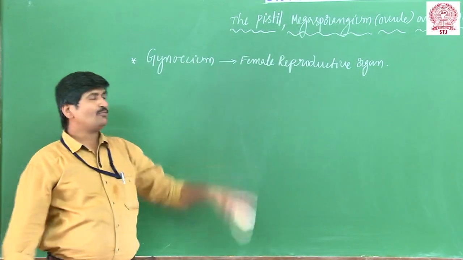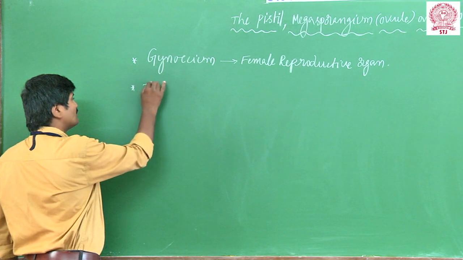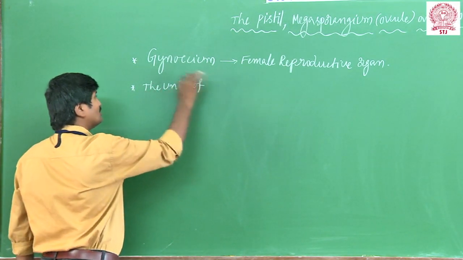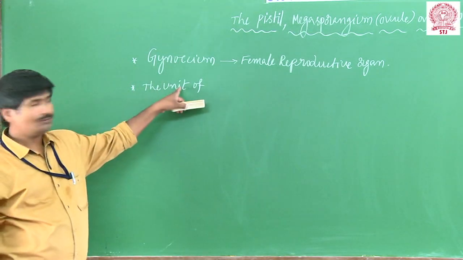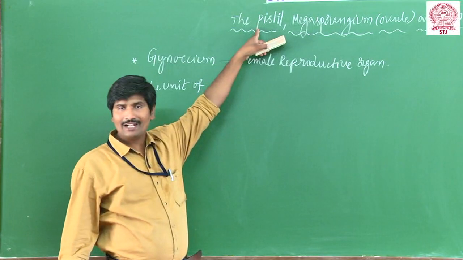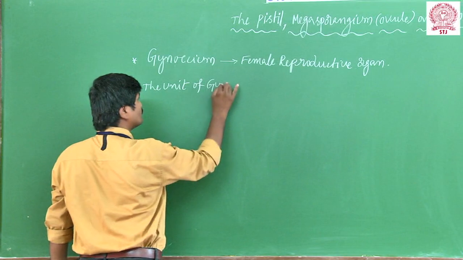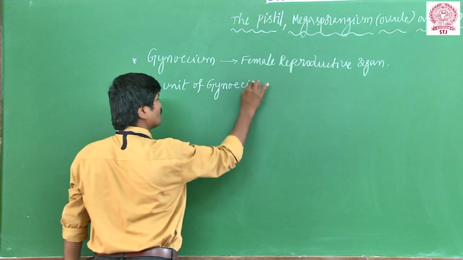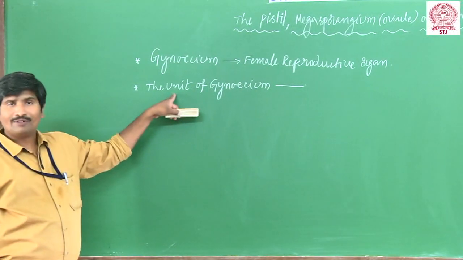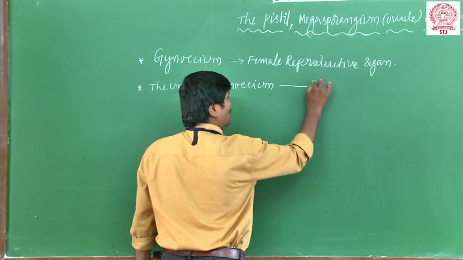The unit of gynoecium is called pistil or carpel.